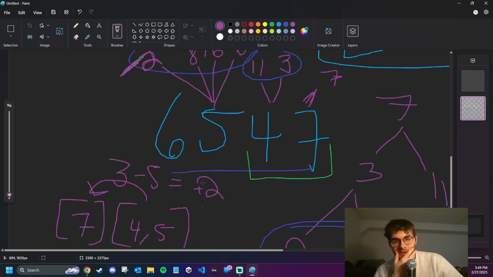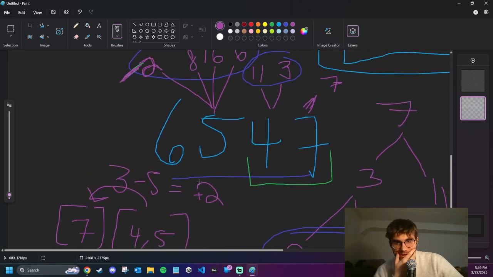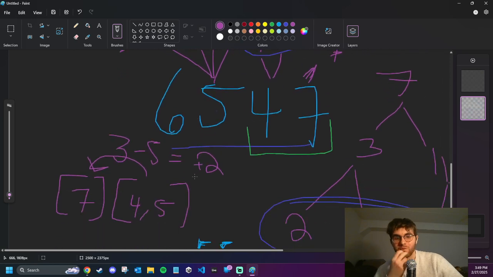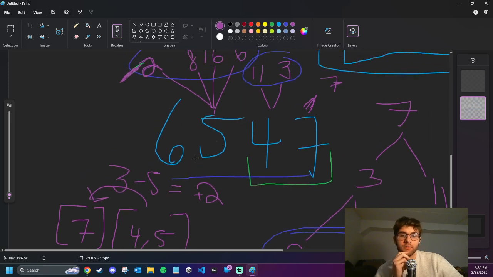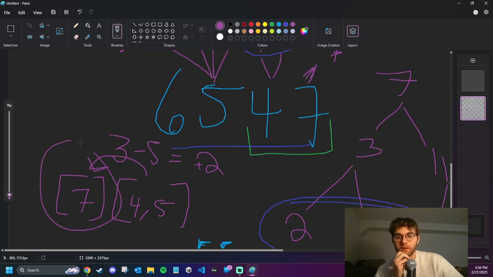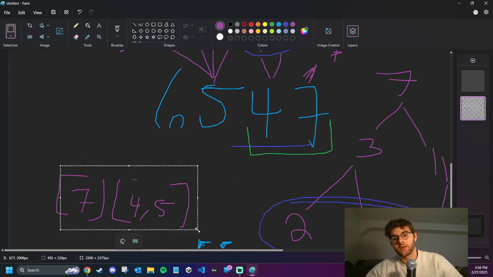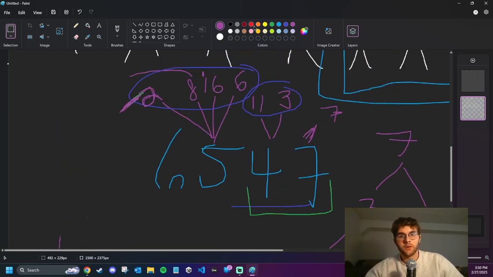Could we do something with negative numbers? Like if we need it in the left or if we need it in the right, can we do that? So maybe instead, could we look at it as this sum minus this sum? Or something like that. And then I don't really know why that would help.